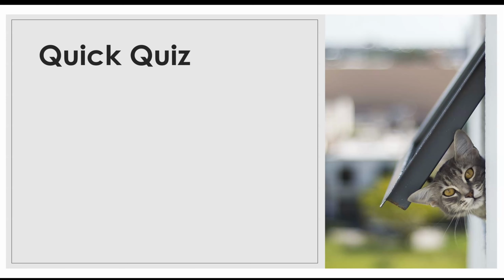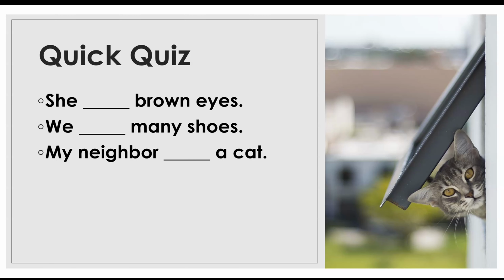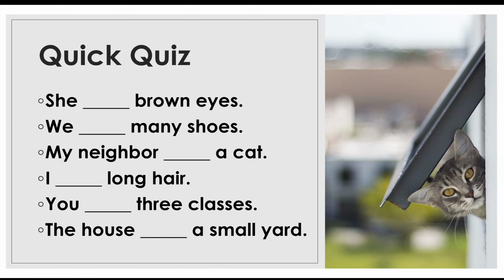Alright, so here's your quick quiz. This is your practice for today. So here you have a few different sentences and you need to write the correct word, have or has. Okay, and I will read them very quickly to you. She, brown eyes.